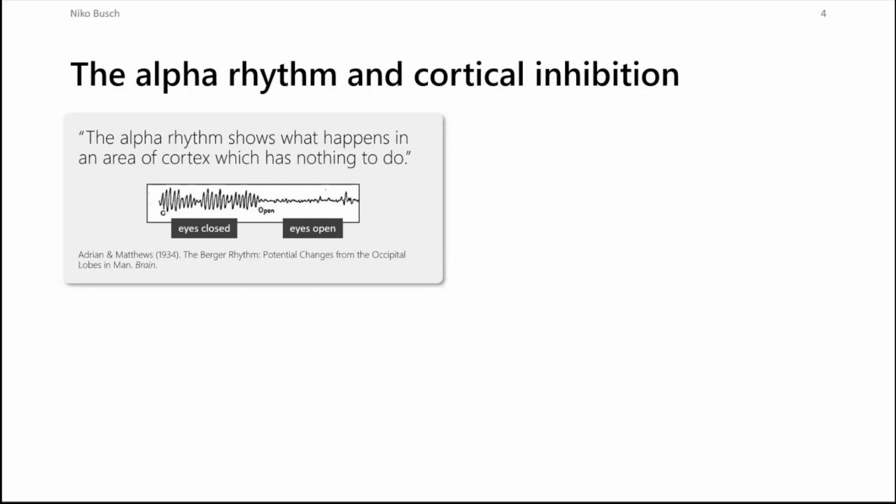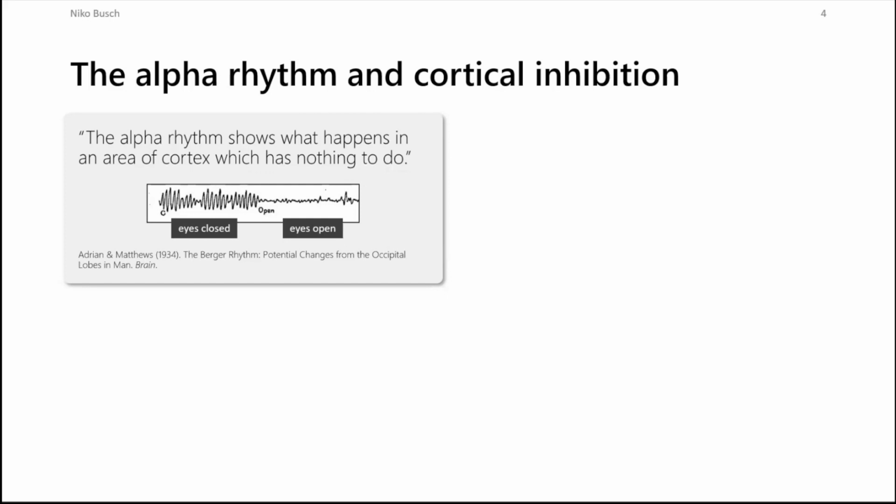And it's nicely captured in this quote from Adrian and Matthews from the 1930s. The alpha rhythm shows what happens in an area of cortex which has nothing to do. This idea is often referred to as idling. You're not doing anything in particular, alpha is strong.